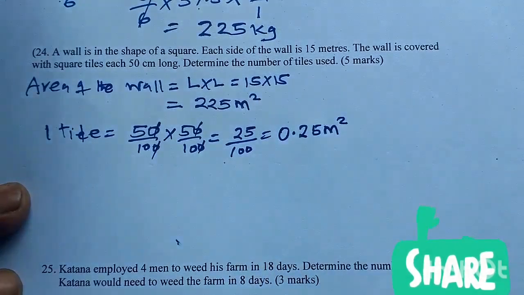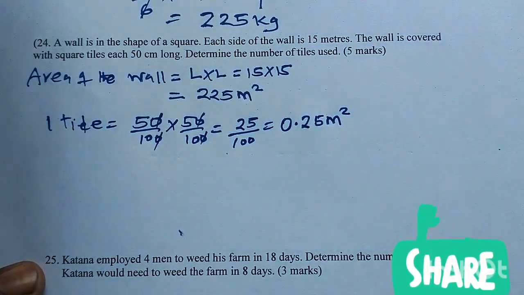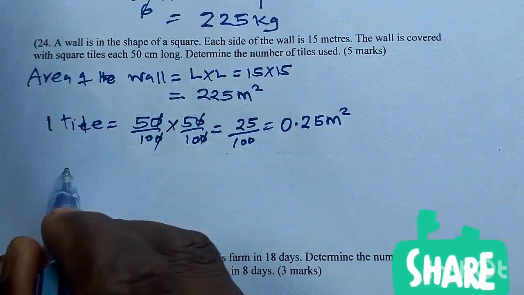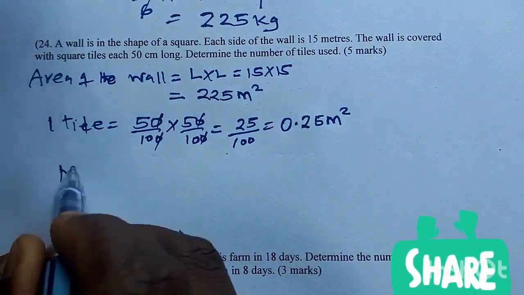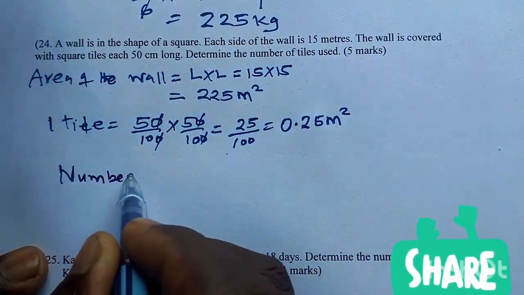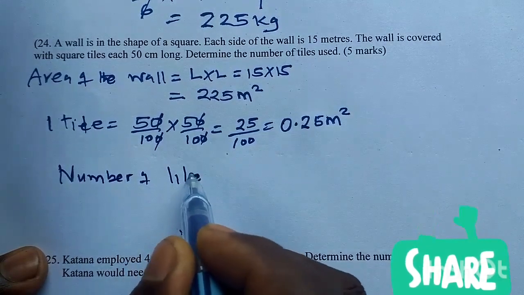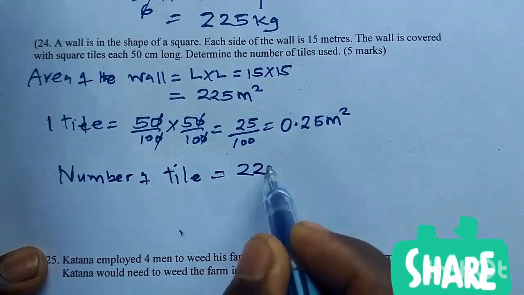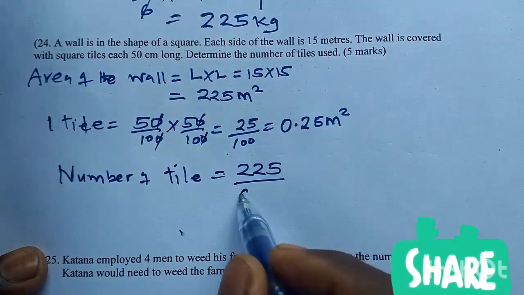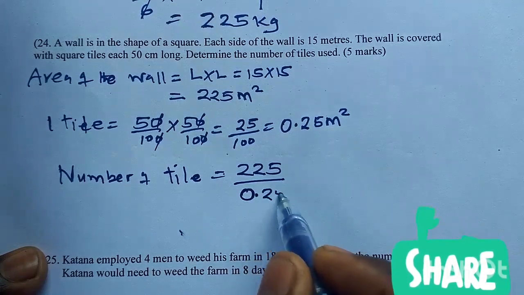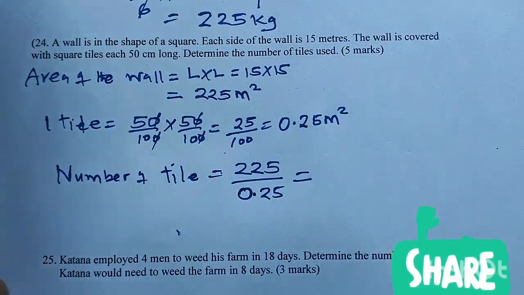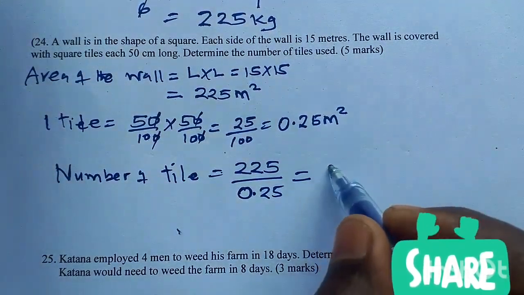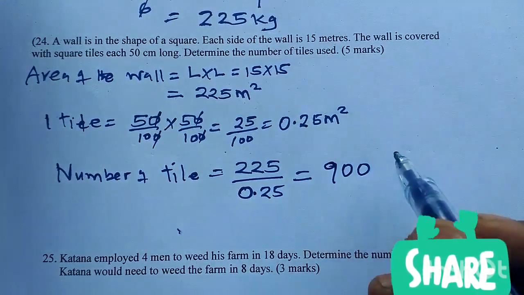So 1 tile is that. So to determine the number of tiles, the number of tiles will be the total area of the room divided by 1 tile. And that one will be 900 tiles.